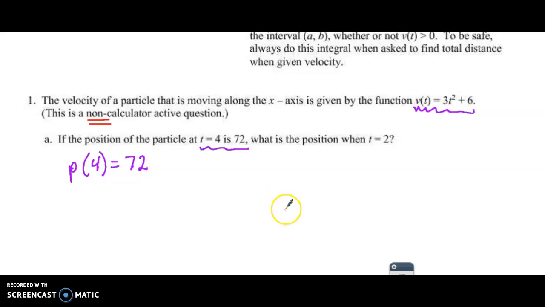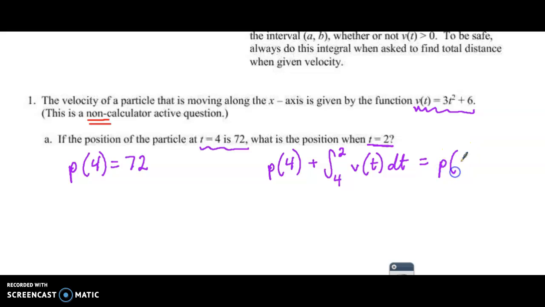So if I'm asked to find P of 2, what I would do, just out of habit, is do P of 4 plus the integral, because this is my initial condition, from 4 to 2 of v of t dt. That'll figure out what P of 2 is equal to.